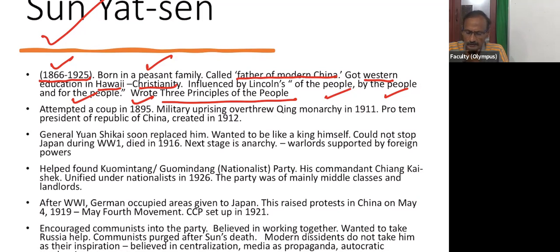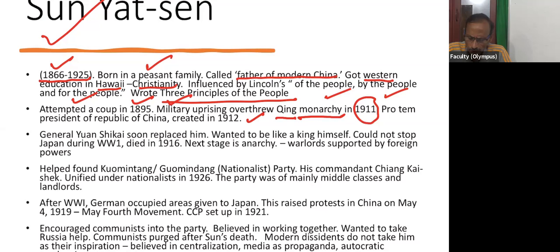And finally, one very important development took place in 1911. The Qing monarchy was overthrown, not by Sun Yat-sen, but by the military. He was not directly involved, but he was instrumental in this.